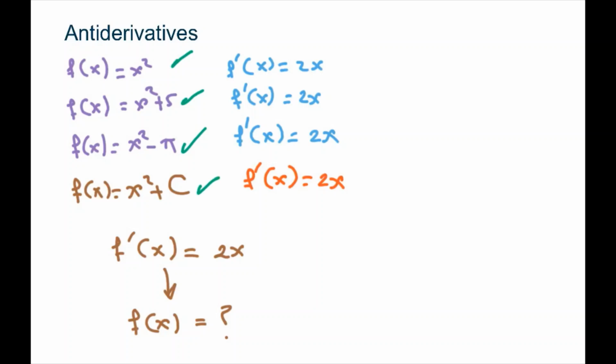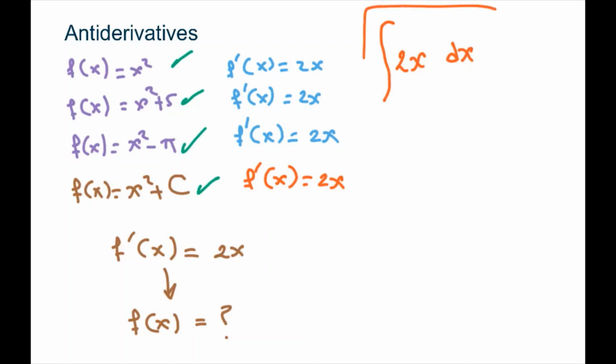Now we want to come up with a notation for that antiderivative. We are going to use the S-shape notation, and we are going to put the function, the derivative 2x here, and dx around the function that we are trying to take the antiderivative of.